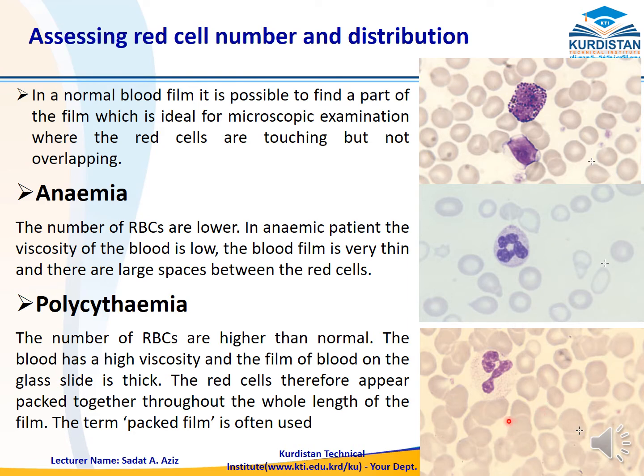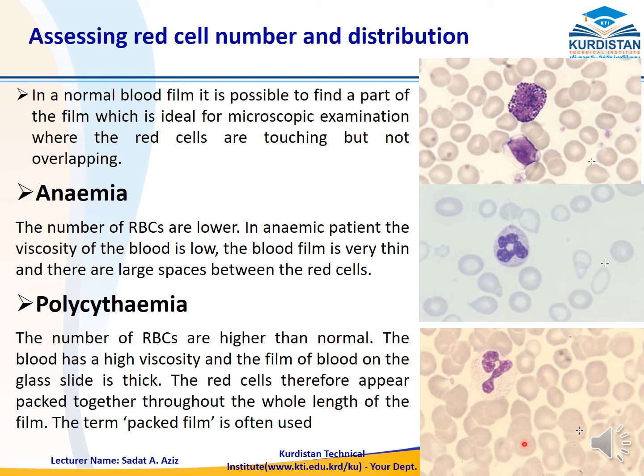And in the case of polycythemia, where the number of red blood cells increases, the number of RBCs is higher than normal. We will explain this later. The blood has high viscosity because you have a higher concentration of hemoglobin, and the film of blood on the glass slide is thick, and the red blood cells therefore appear packed together.